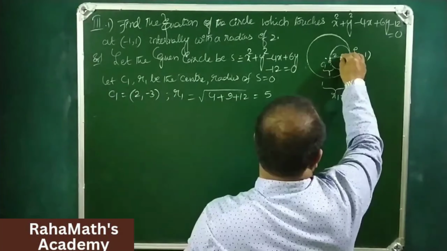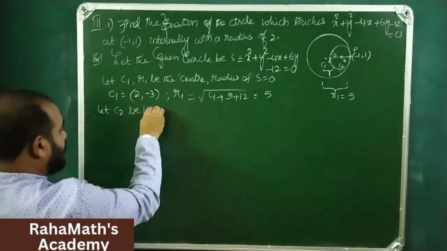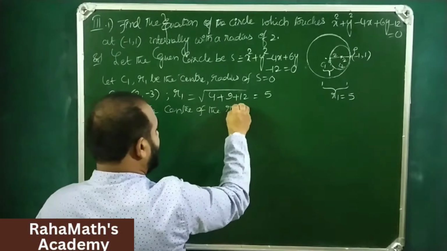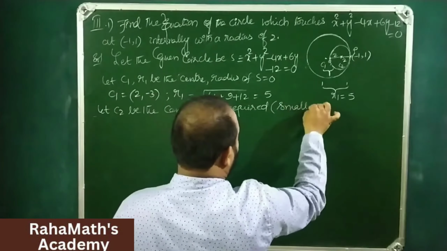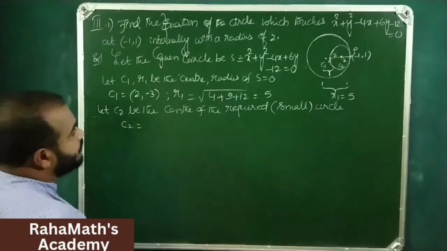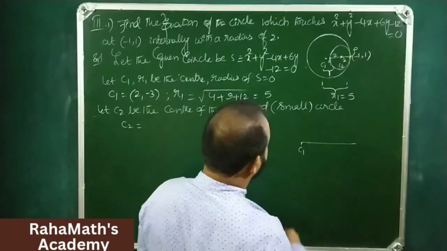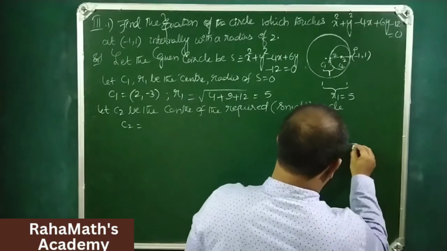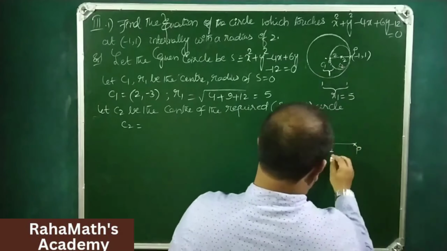Okay. So now let C2 be the center of the required circle. Required circle is the small circle in the diagram. So what is the center? C2. So listen here, the diagram is something like this. C1, this is 2 and this is P. So this is C2.